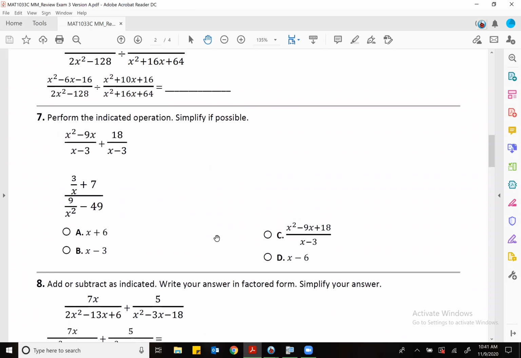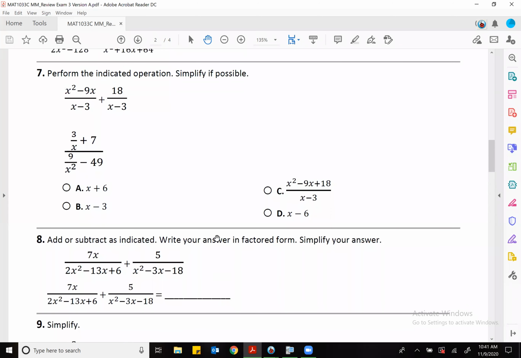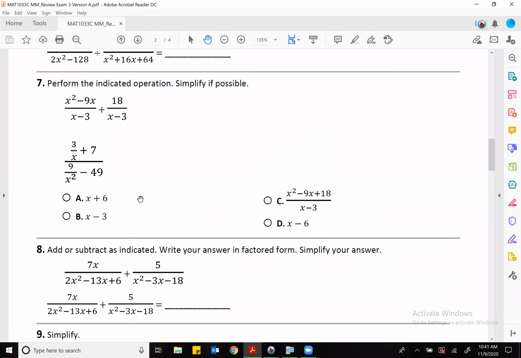Although, Deanna, it looks like you added in a complex fraction here. This should not be here: 3 over x plus 7 divided by 9 over x squared minus 49. That's a complex fraction. We're simply doing the adding that's going on up here.